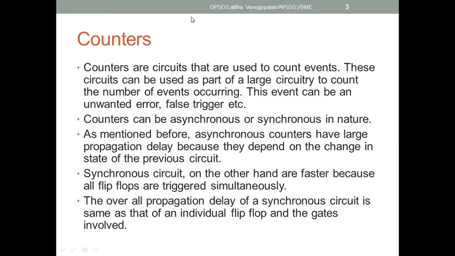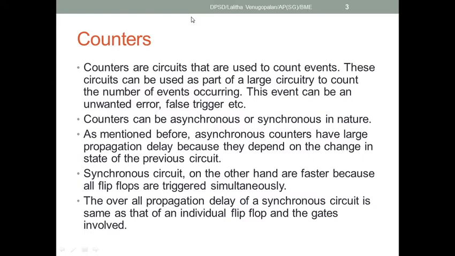You want to monitor a particular error and see how many times that error is occurring, so you have a variable that actually counts. This is a software thing. However, if you want to have a log of how many times a particular error has occurred in a given hardware, then you can use a counter circuit.